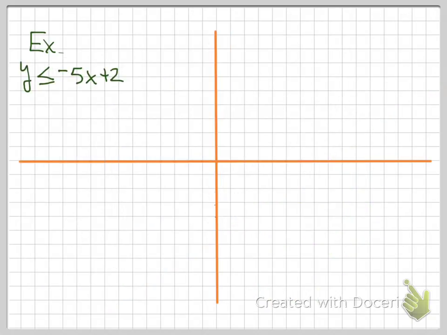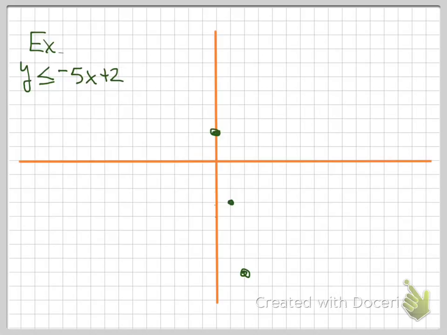Alright, so the next one would be -5x plus 2, which is just, I start at 2, go down 1, 2, 3, 4, 5, and over 1. Okay, and so if you make this one, according to this, we should make this into a solid line.